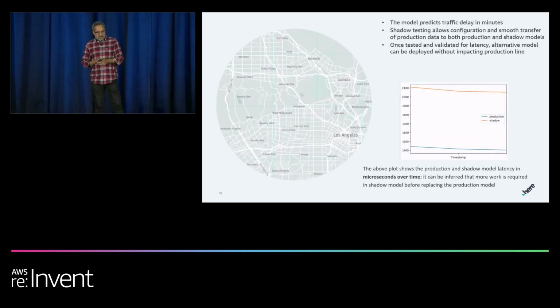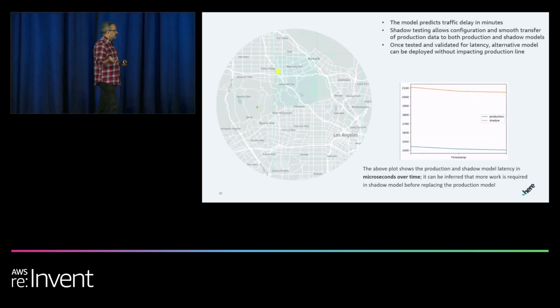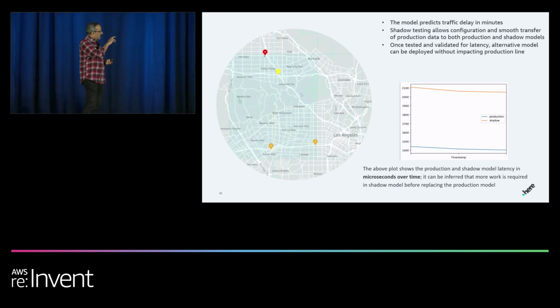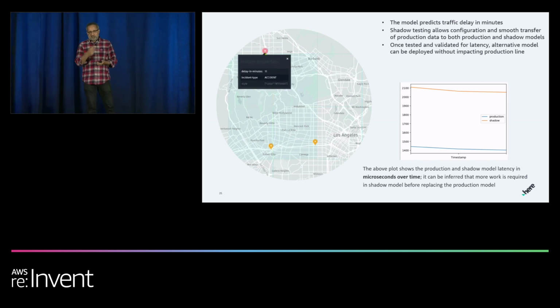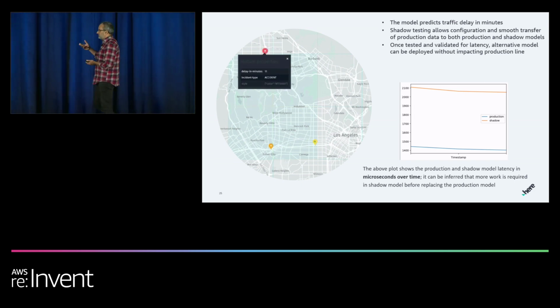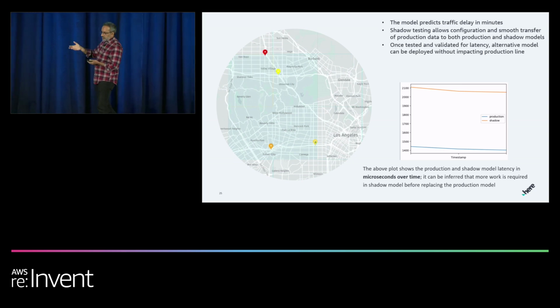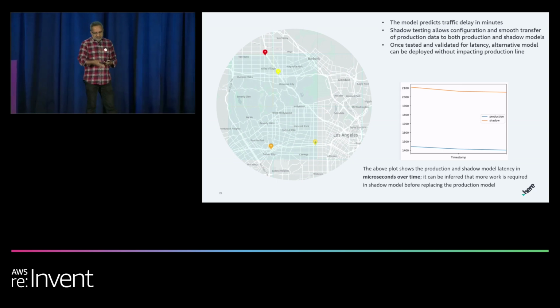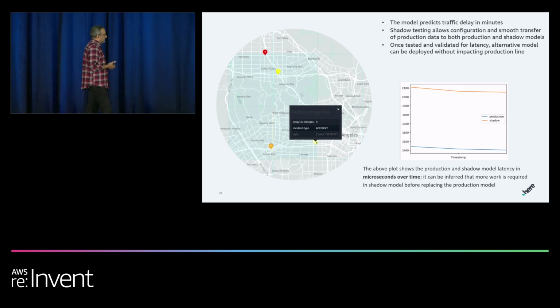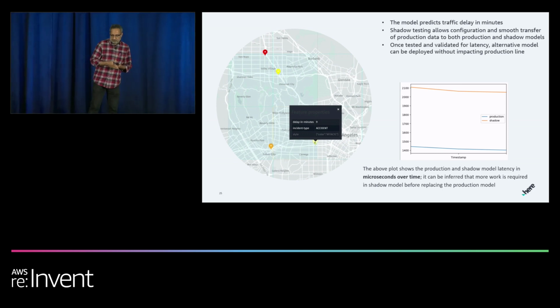Now here, that model predicts the traffic delay, right? And on the video on the left side, you can see in Los Angeles, it is processing some of the incidents, and it's marking the delays. And the light-colored pins show less predicted delay, and the dark red pins show a much higher delay on that, right?